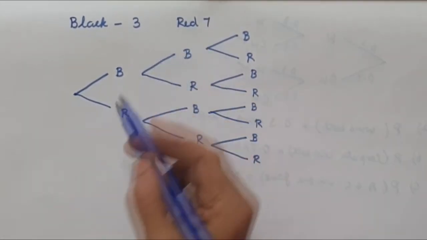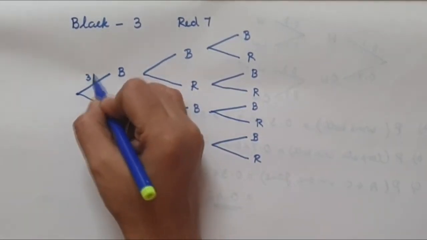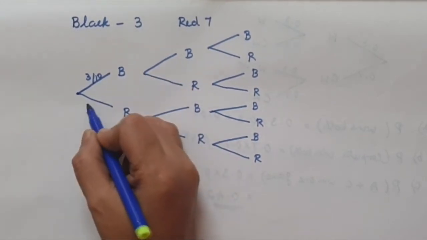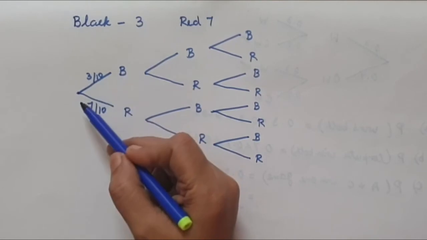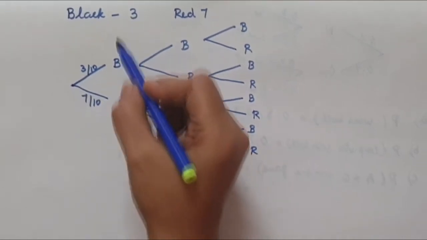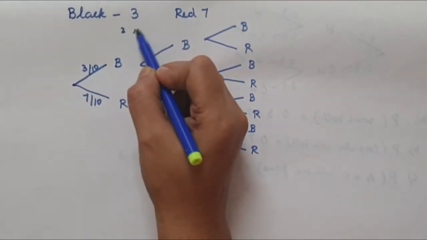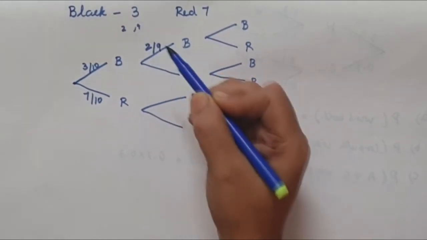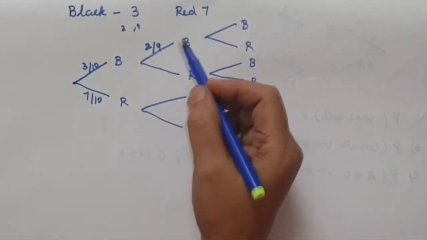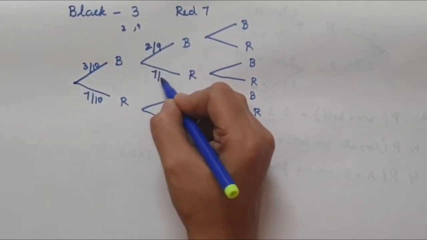Now 3 are black and total are 10. So it will be 3 over 10, and this will be 7 over 10. Now for the second thing, we have removed one black ball. So our black ball will become 2 and the total will become 9. So our probability of a black ball is 2 over 9. But our red ball will remain the same, so it will be 7 over 9.